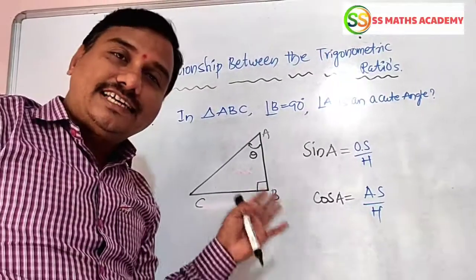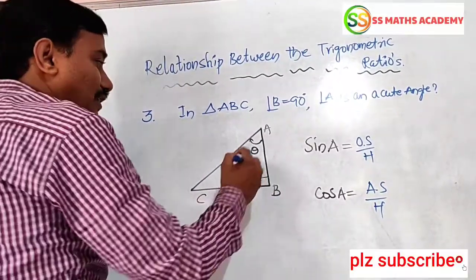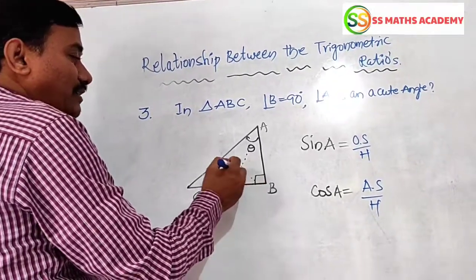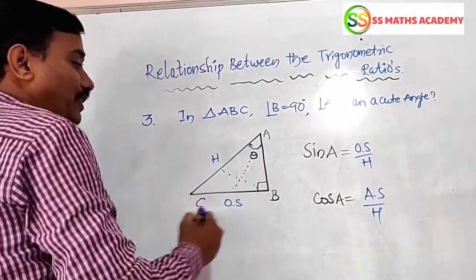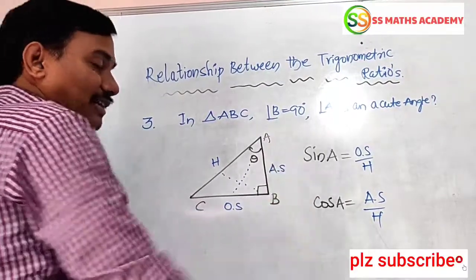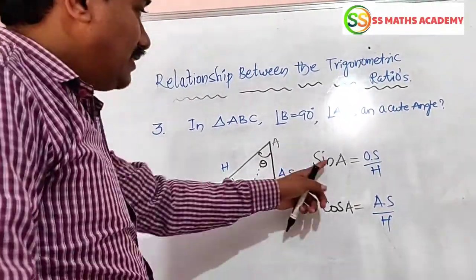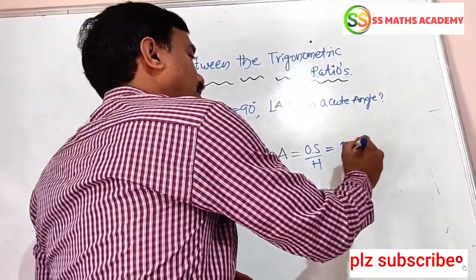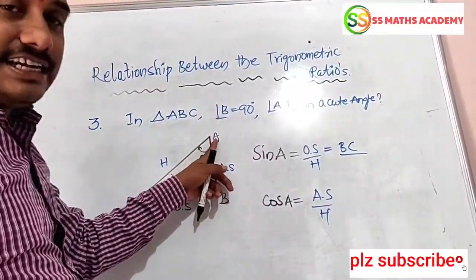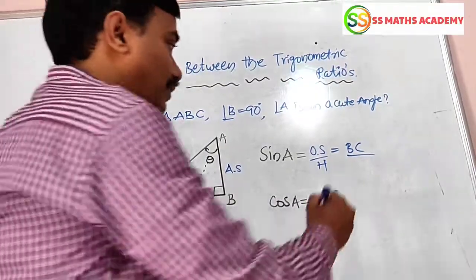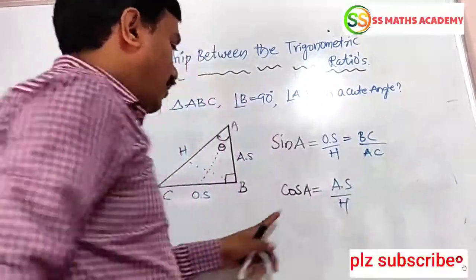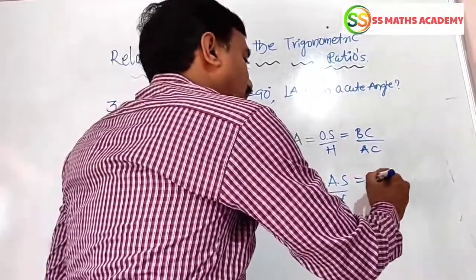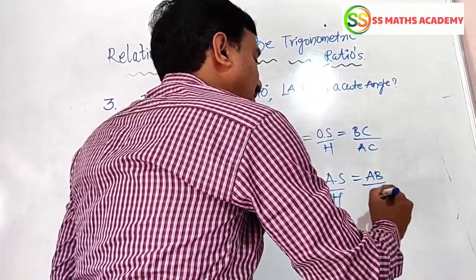Naming the sides of this triangle: the perpendicular side of theta is called the opposite side, the side opposite the 90 degree angle is called the hypotenuse, and the remaining side is called the adjacent side. Here sin A with respect to the opposite side BC and hypotenuse, the longest side in a right angle triangle, AC. Now cos A has adjacent side AB and hypotenuse AC.